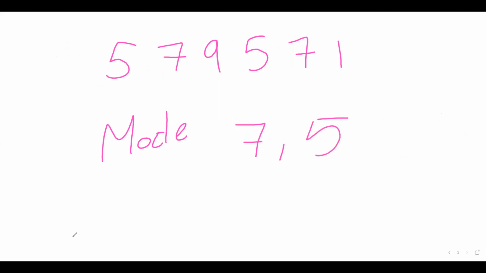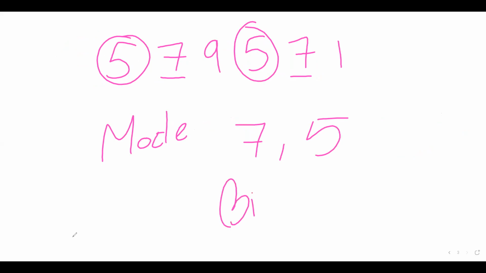Here we have 7 and 5 because 5 is repeated 2 times and 7 is repeated 2 times. So in this case, since we have 2 modes, we call it bimode. Bimode, it's like bicycle. The word bi means 2. Bimode means we have 2 modes.